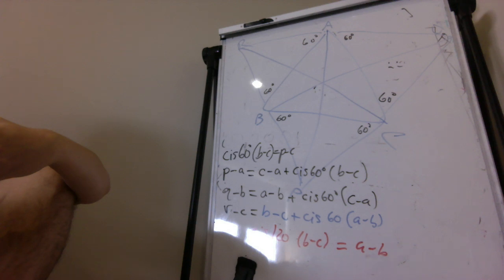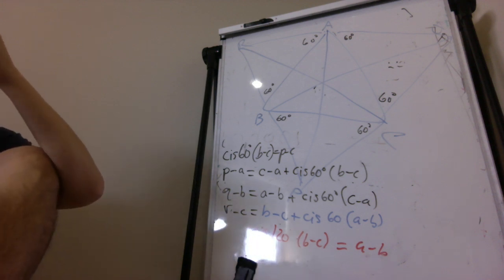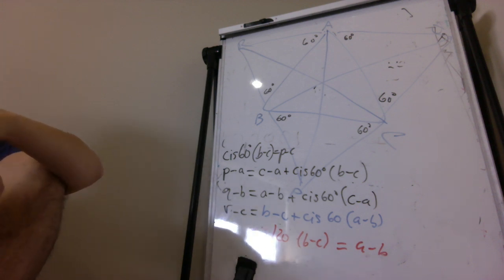I'm looking at each of the steps. Does distributing cis60 work, or do you need some kind of new distribution, like cosine plus i sine? Does just distribution work that way? When you multiply everything by cis60, in which equation was the problem?